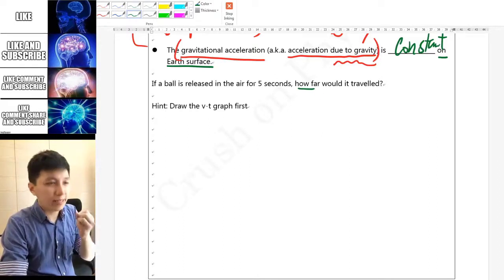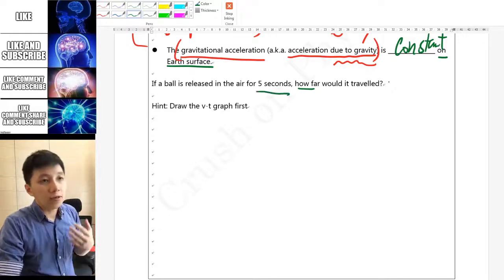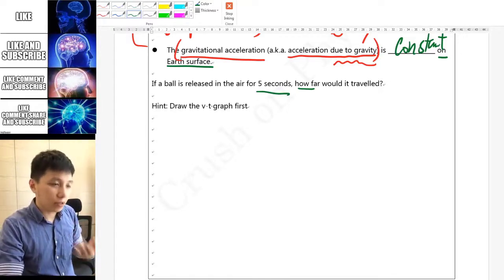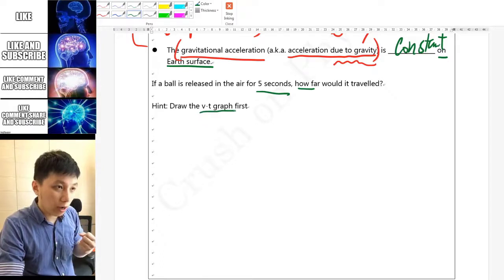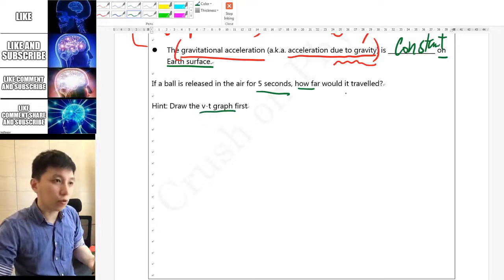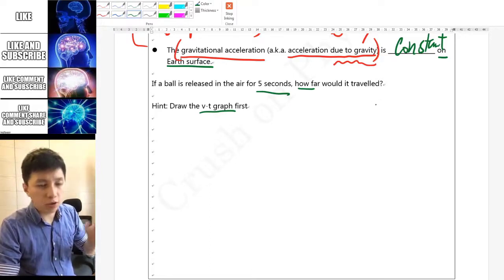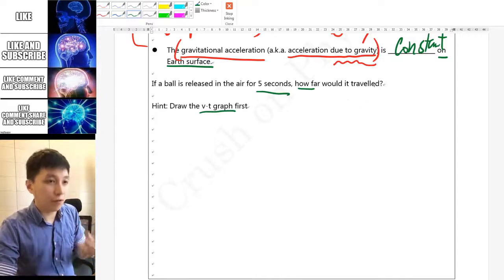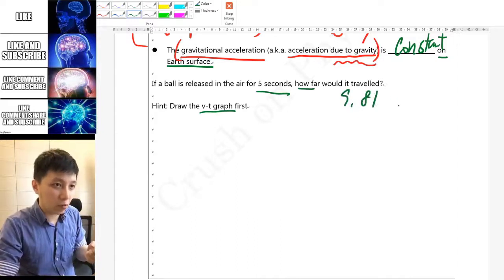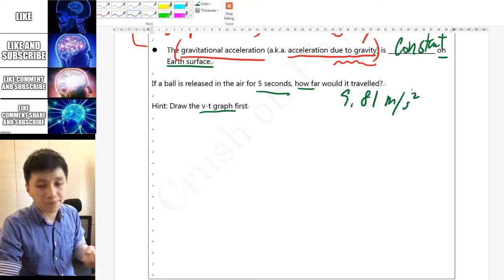For the last question, I asked you to calculate how far the ball will travel if you simply release it in the air for 5 seconds. In order to calculate this, I would suggest you draw a graph, and you also need to know the acceleration. In case you don't know, you can find it in the textbook or search it online. The acceleration that you can take for the Earth's surface is 9.81 meters per second squared.